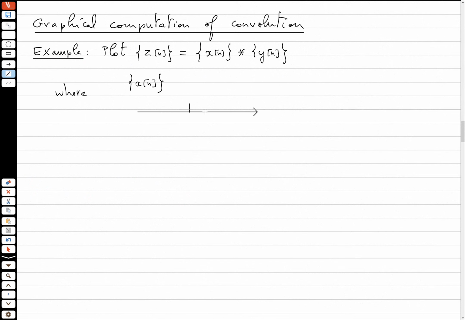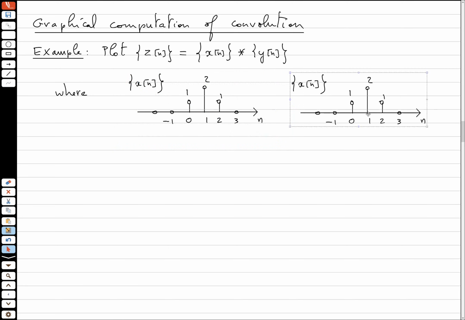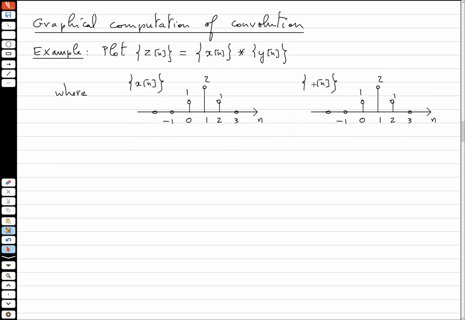So let's say 1, 2, 1. And then y of n is my usual favorite sequence, which is 1, 2, 3 and then 4.